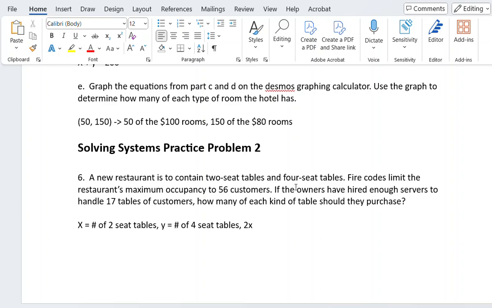And each 4-seat table can have 4 people, so I would multiply the number of 4-seat tables by 4. That would equal 56. So that's the total number of people that I can have in the restaurant if each table is full.